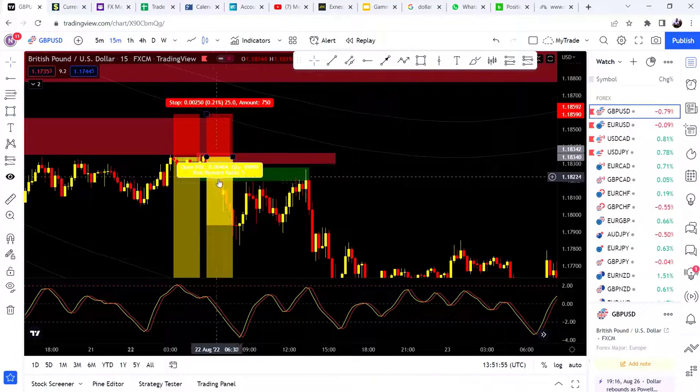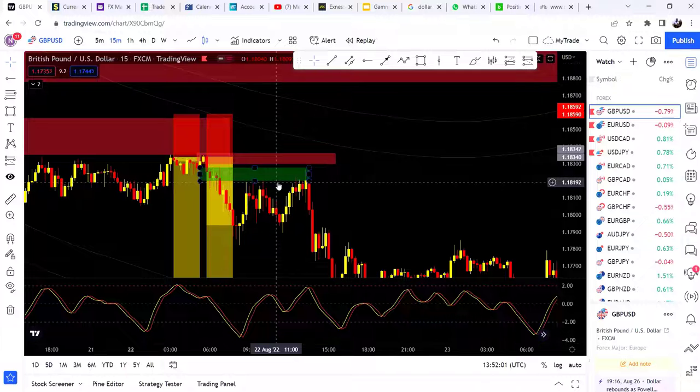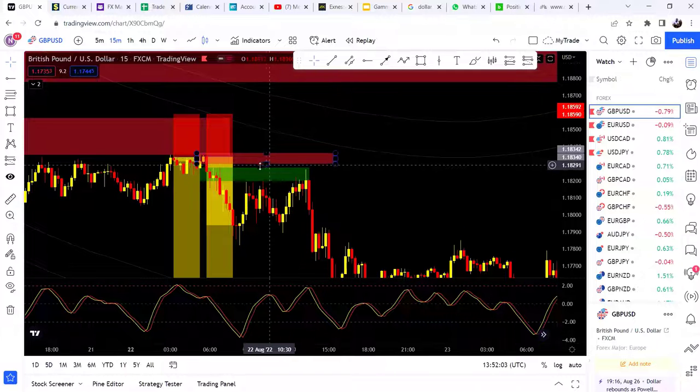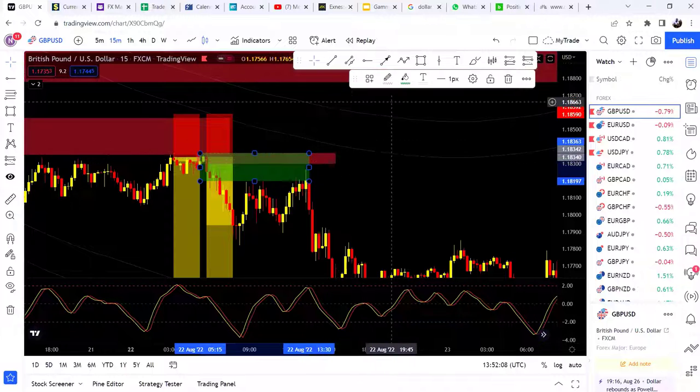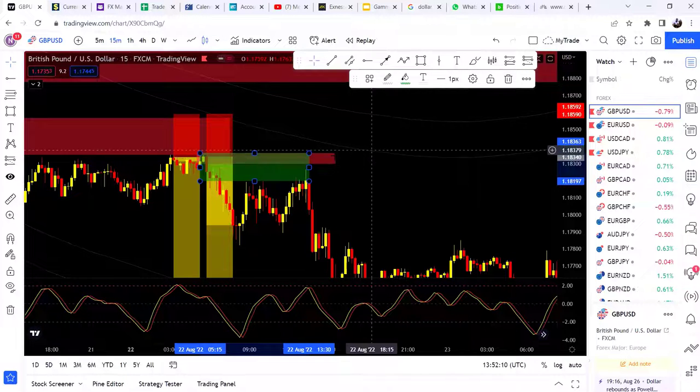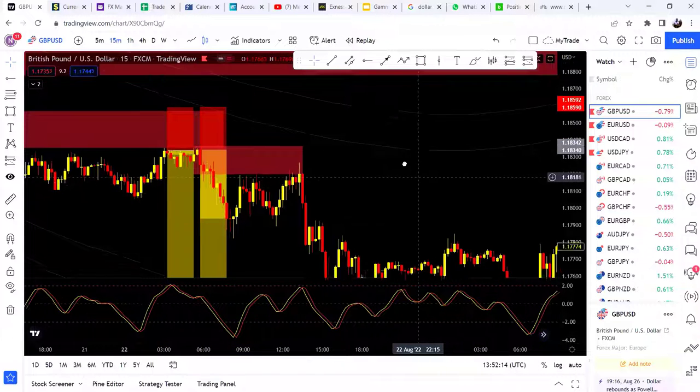I'm just picking the bullish candle inside. So I would have included that one to this, and we are going to get something like this as our zone for a possible sell.